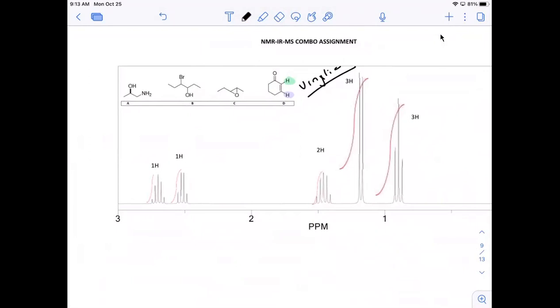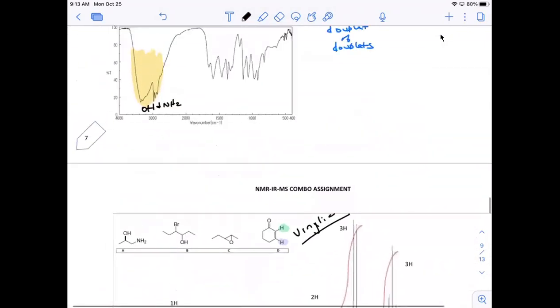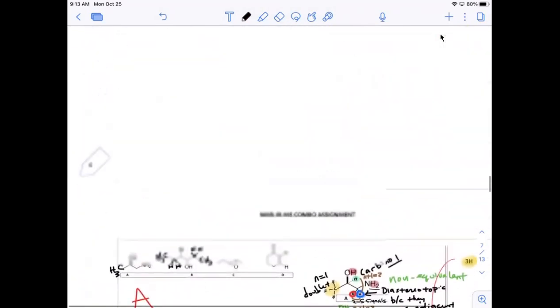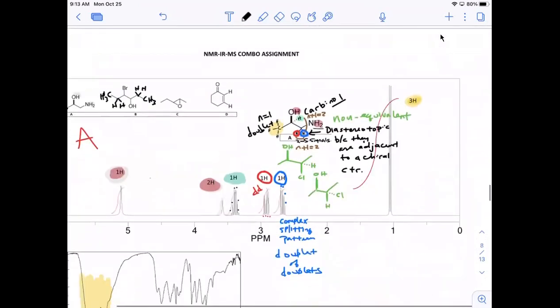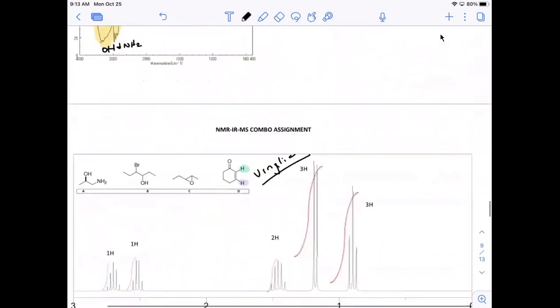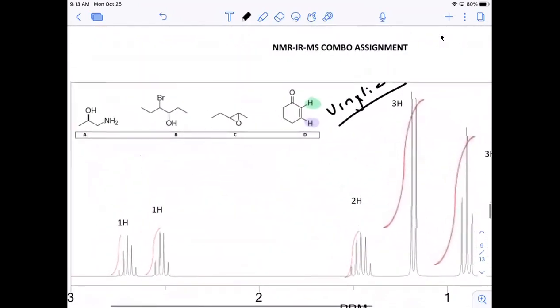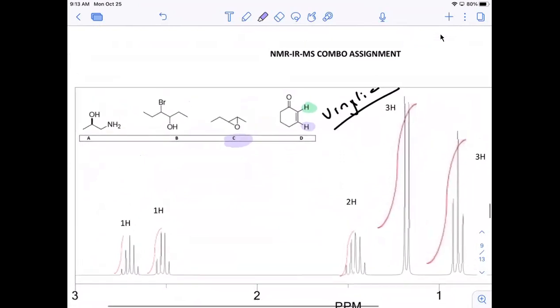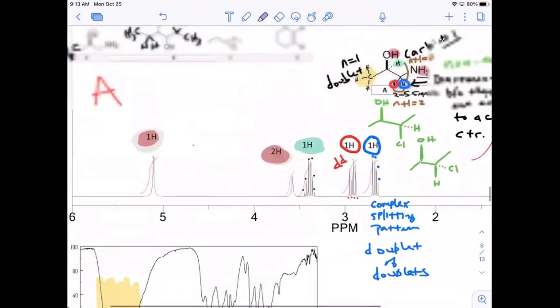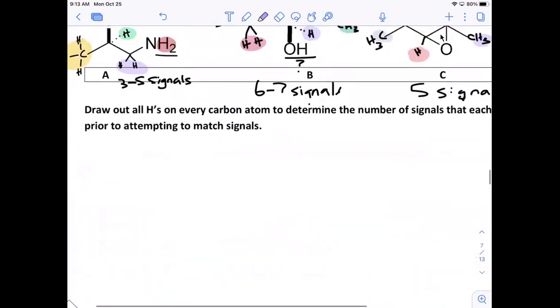And then it can't be B, because B we predicted to give at least 6 signals at a minimum, right? So we can rule that out. So it has to be the epoxide, C. It's got to be this one. All right, so now, let me grab the one that's color coded.